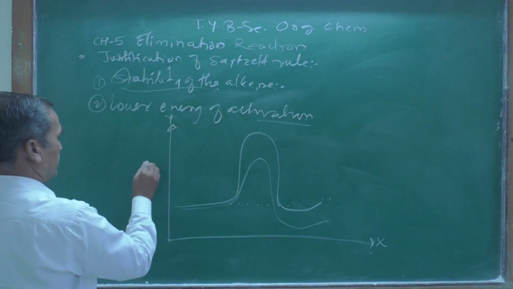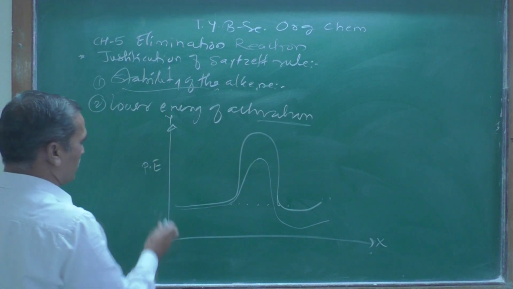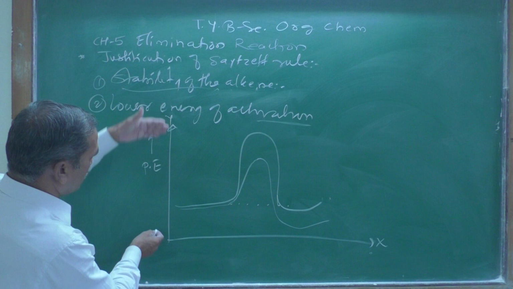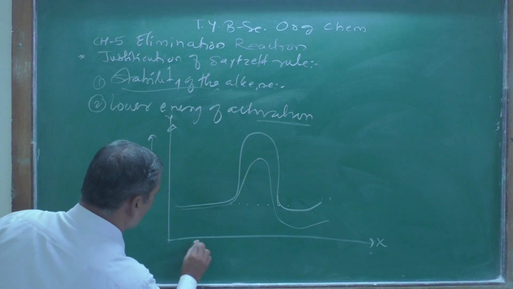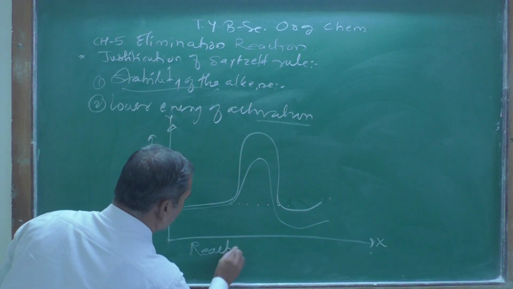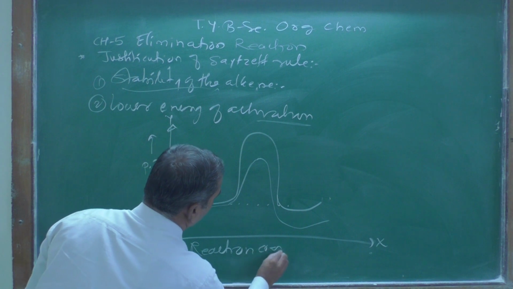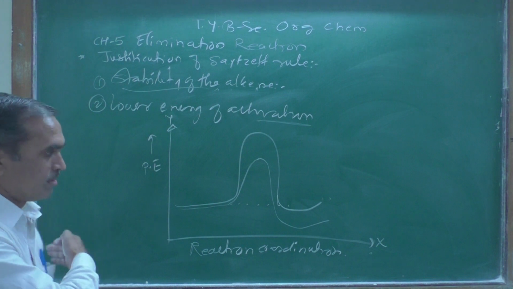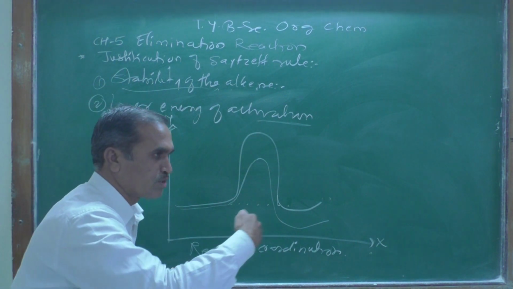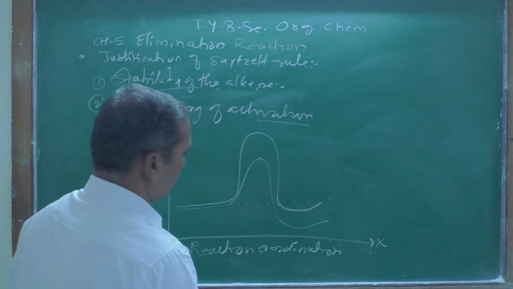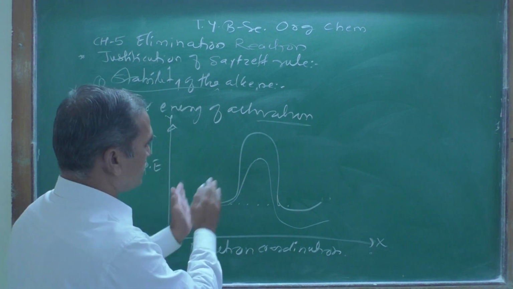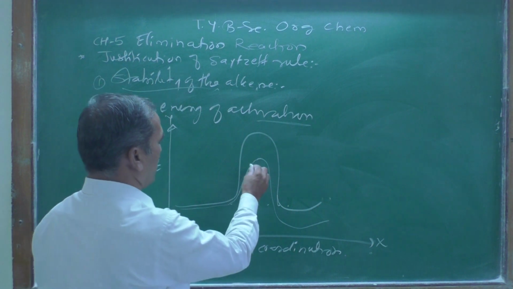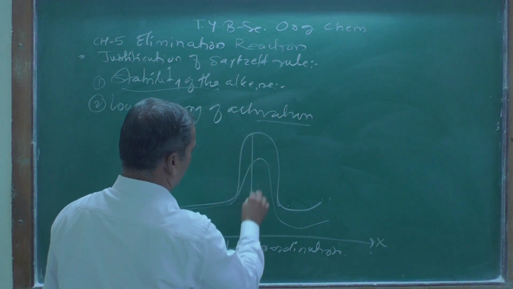Here this is the y-axis, this will be the x-axis. On the y-axis there will be the potential energy. Potential energy goes on increasing from this side to this side. Now this is called the reaction coordinate, or the progress of the reaction as the reactant is converted into the product. In the middle one a transition state forms, and this is the first one.